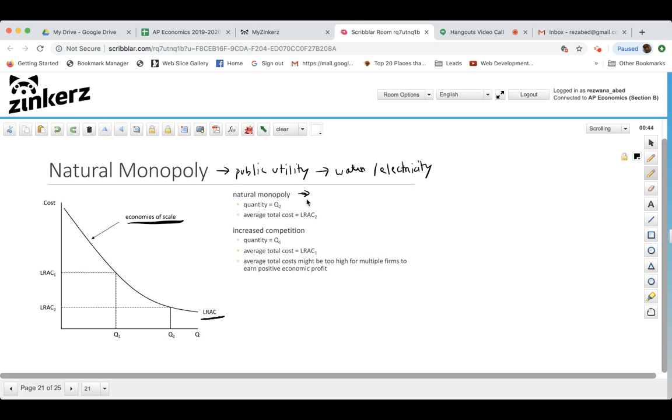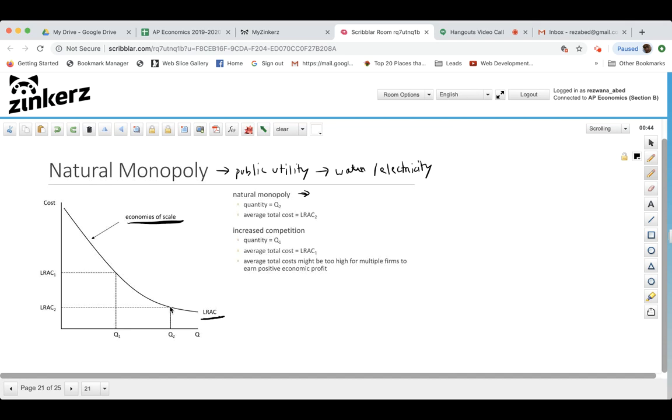So let's say this is the natural monopoly, and this is when there are no competing farms in this market. If this is an electricity provider, let's say they're the only ones providing electricity to a city, they're going to service all of the demand in the entire city.